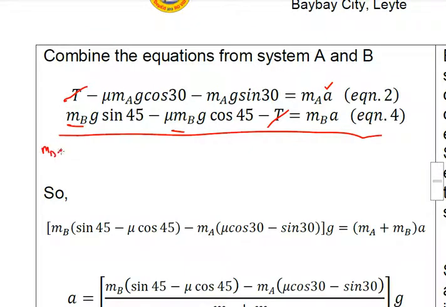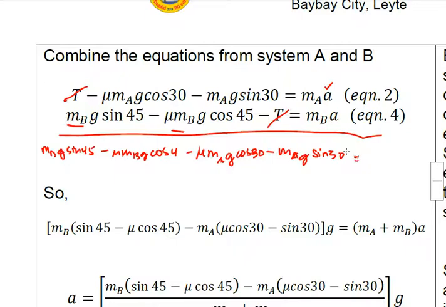You have MB g sine 45, minus mu MB g cosine 45, minus mu MA g cosine 30, minus MA g sine 30 is equal to MA plus MB times, of course, the acceleration.